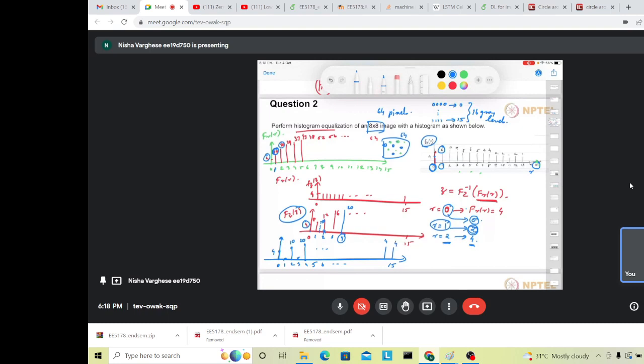So you can say that the input histogram is a converged one, with no values at 14 or 15, but the output histogram is a stretched one, right? So this is S, F_S(S). This is the output histogram. So R is transformed to S. This is what is meant by histogram equalization. So the steps are clear.